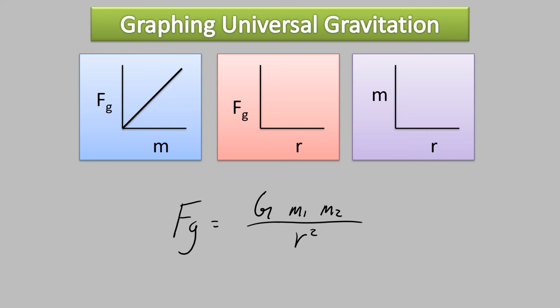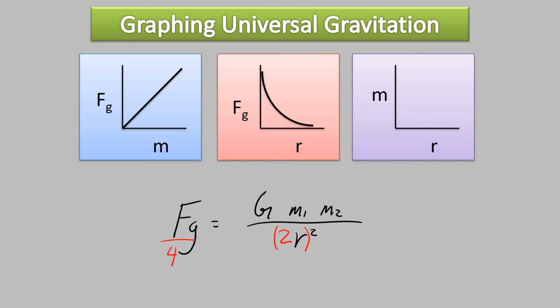What happens with graph number red? If the radius increases, meaning the things get further apart, they're getting really far apart now. What happens to the weight FG? Is it going to increase or decrease? What does the graph look like? Looks like that. So basically, if I double the radius, that means it's 1/4 as big, 2 squared.